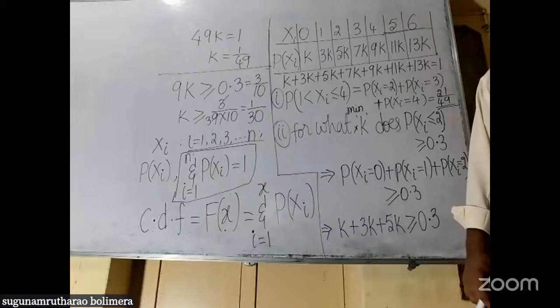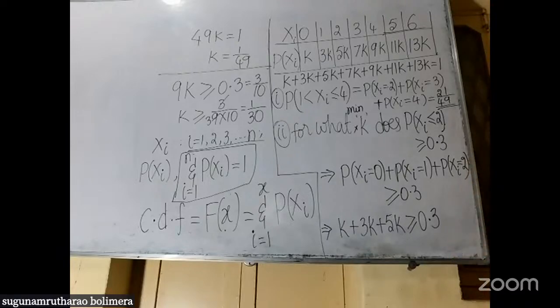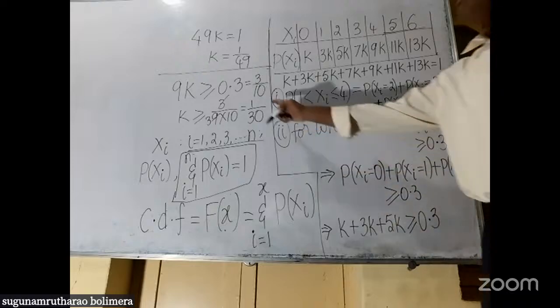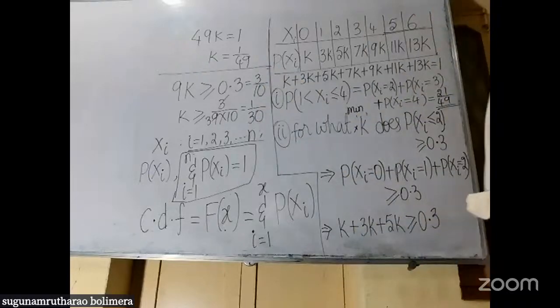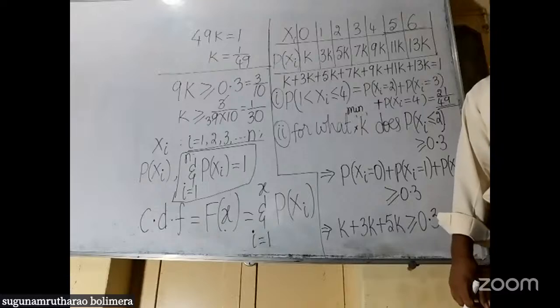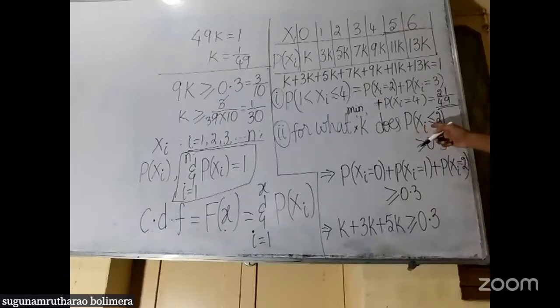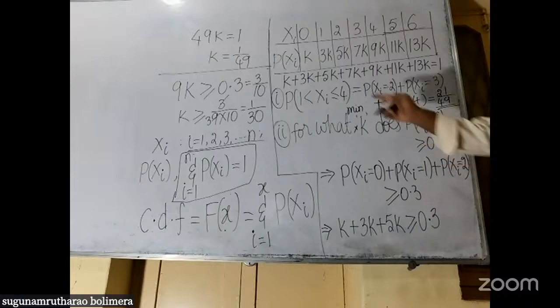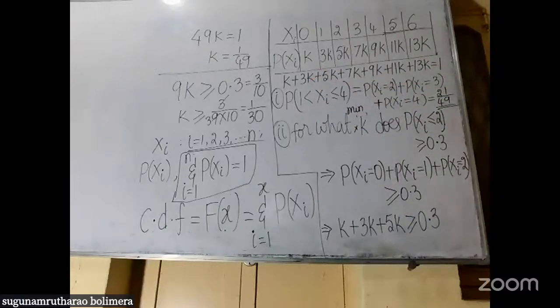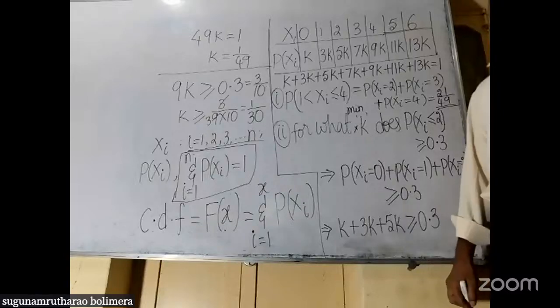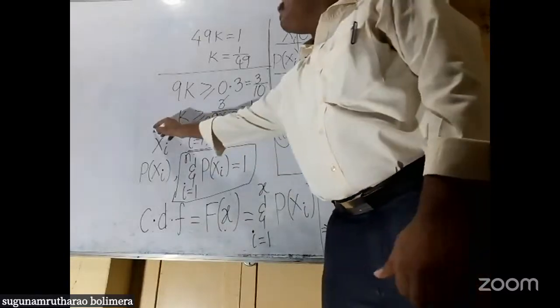Minimum value of k for P(xi ≤ 2) ≥ 0.3 is 1/30.